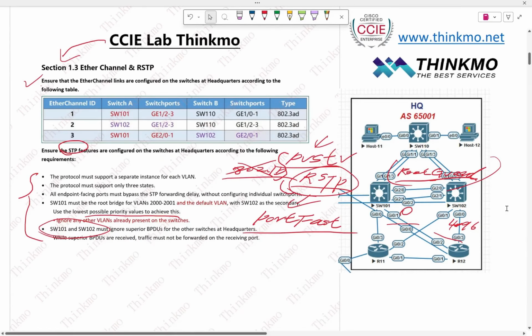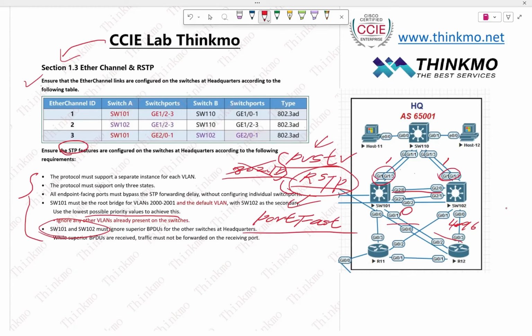These two interfaces actually don't need it. Just enable it on the two aggregate interfaces facing the terminals. This root guard is to prevent other switches from sending a better BPDU, right? So I just ignore the superior BPDU it sends.